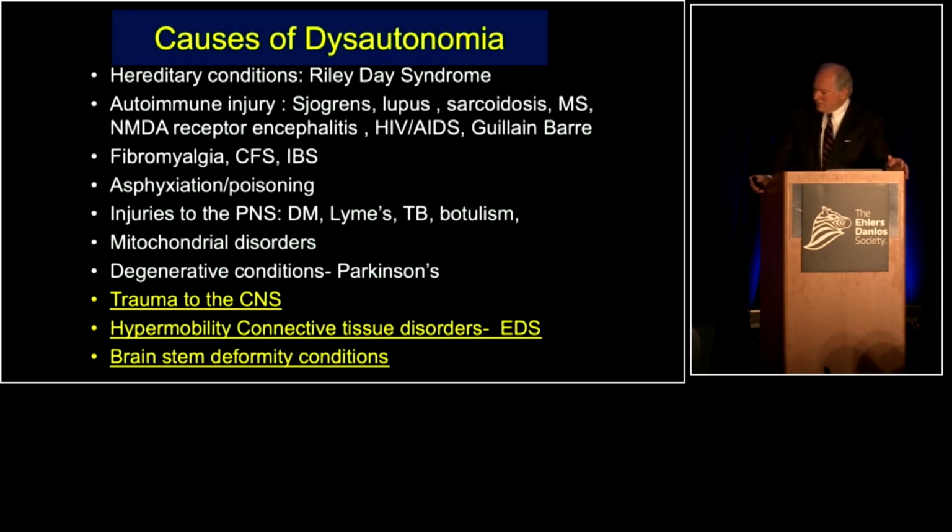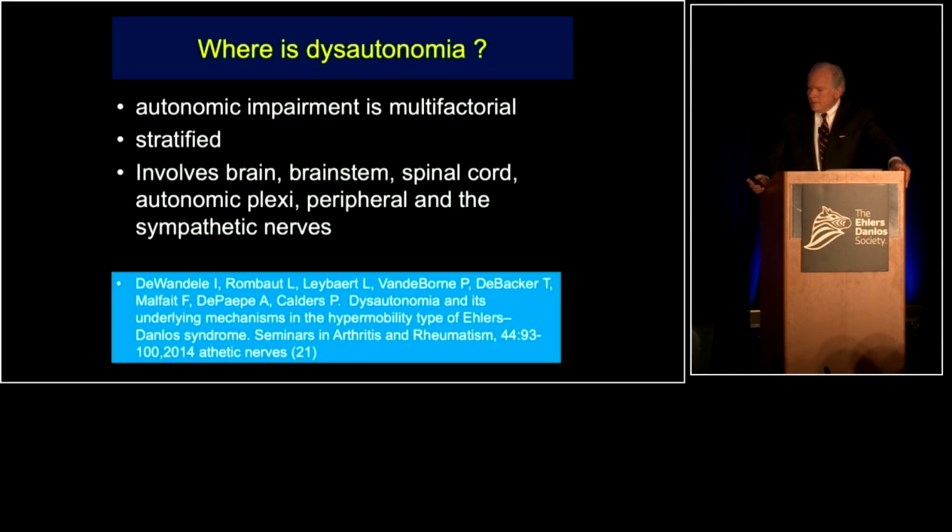And the last three are really pertinent to hereditary connective tissue disorders: chronic trauma to the nervous system, hypermobility, and brainstem deformity conditions. So where does this occur? It's not just the brainstem or the brain, it's every aspect of the nervous system, from the center of the brain all the way out to the small nerves in the skin.